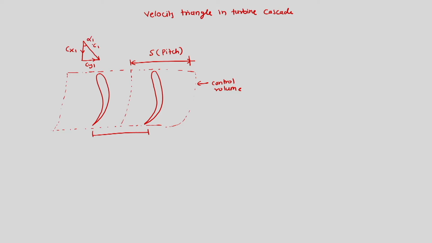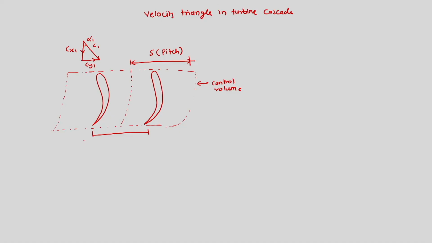We have seen that alpha 1 and alpha 2 are the air angles at inlet and outlet, the angles made by the absolute velocity with the axial direction. Similarly, this is the absolute velocity C2 leaving the blade, this is alpha 2, this is Cx2 and this is Cy2.